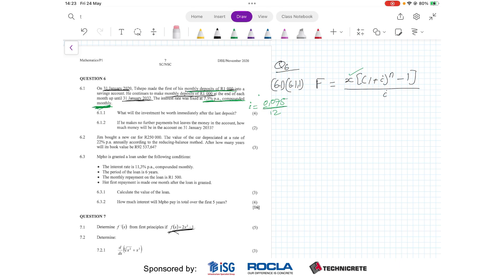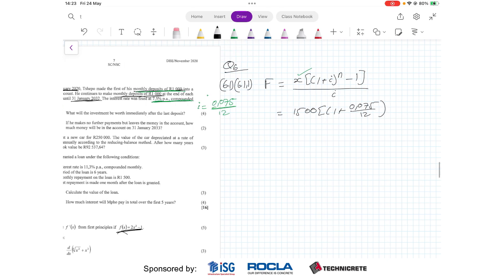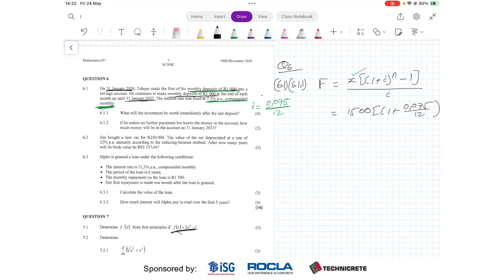Moving forward, you find that your X is 1,000. We got that from the statement. 1 plus 0.075 divided by 12, all to the power n. Now n is going to be the number of months between the 31st of January 2020 and the 31st of January 2032.